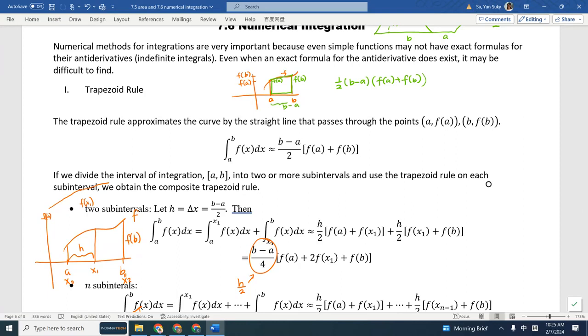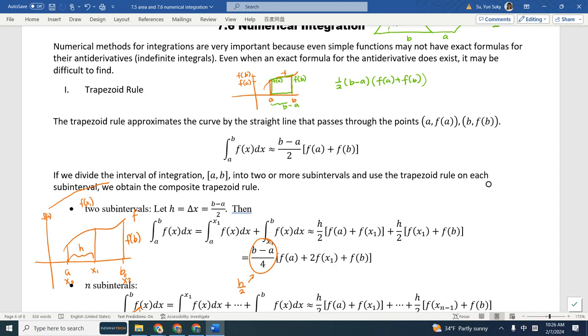The approximation is much better than the Riemann sum. So in the next exam, exam 1, I won't ask you to approximate using the Riemann sum. I will ask you to use the trapezoid method or Simpson's method because they're more accurate than the Riemann sum method. Okay, let's look at the trapezoid method.